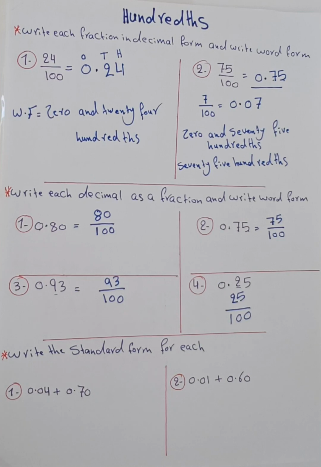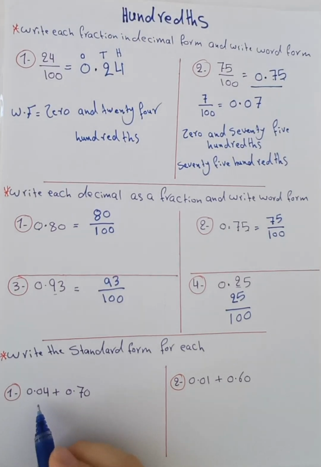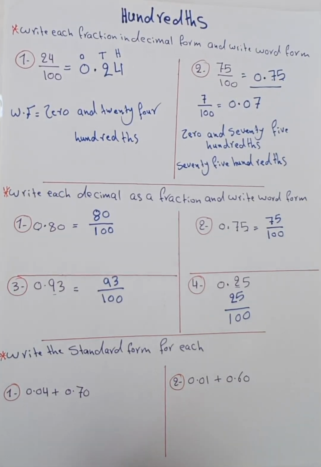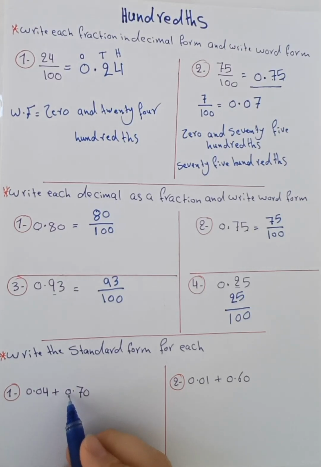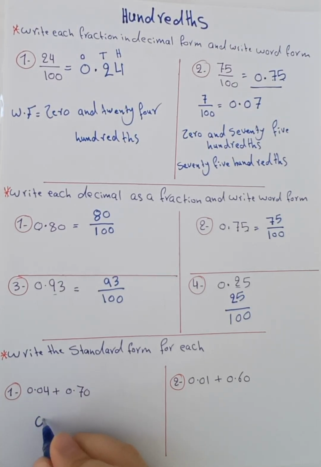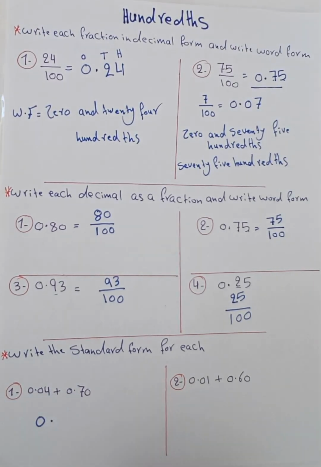The third part of this lesson, write the standard form for each. How to write the standard form for this expanded form. So we have these two decimal numbers. In both we have 0 as the ones, so ones is 0 point.